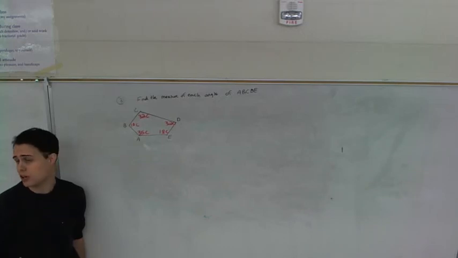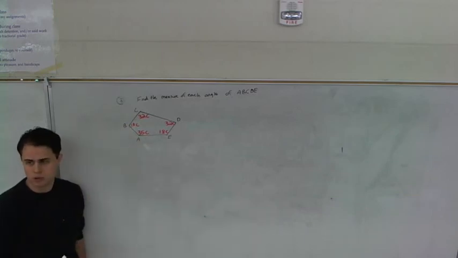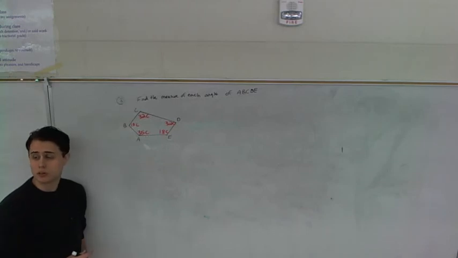Okay, so how am I going to find the sum inside the pentagon? How many do all five add up to? You don't have to tell me the answer, but how would I find it? What's the formula?